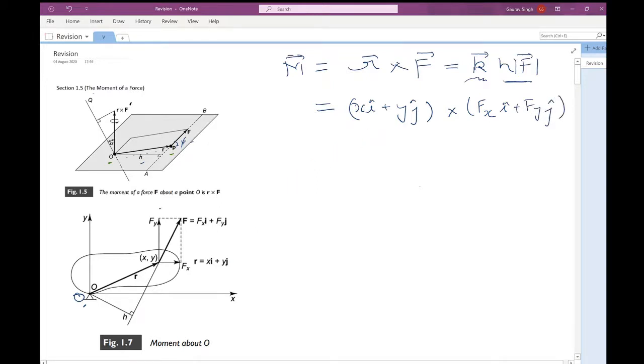That's how I am able to write this, and if you carry out this cross product, you will get k into x Fy minus y Fx.